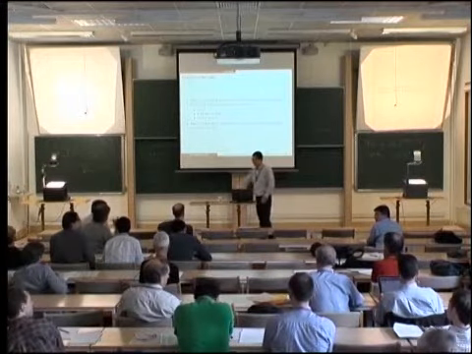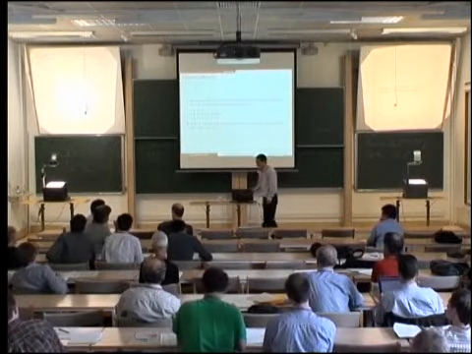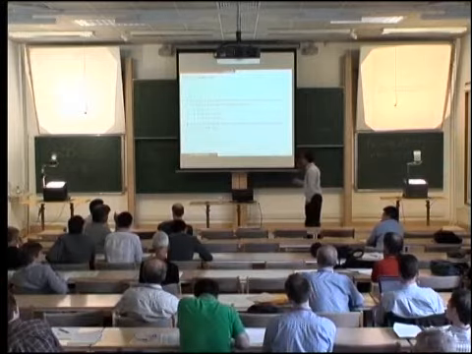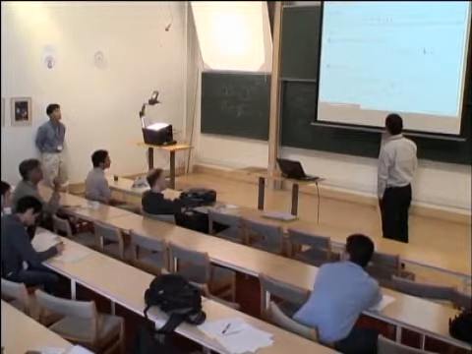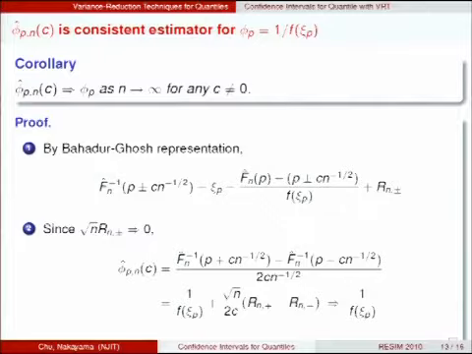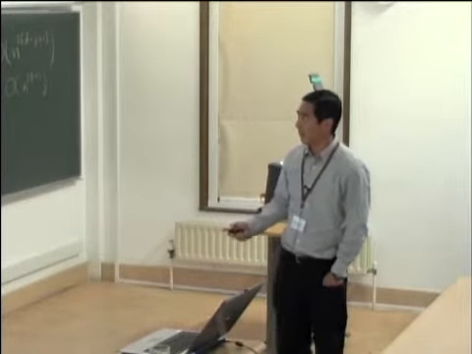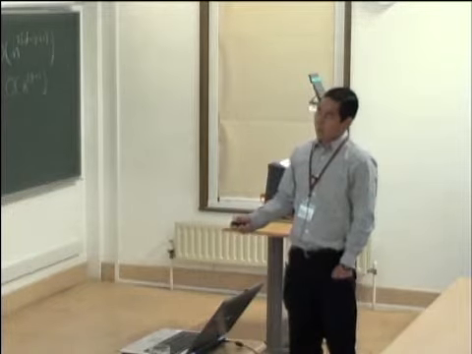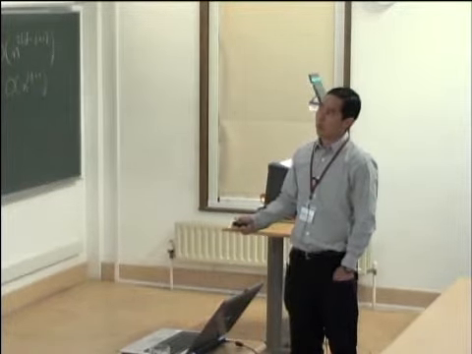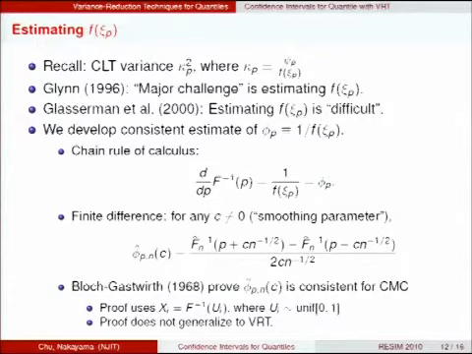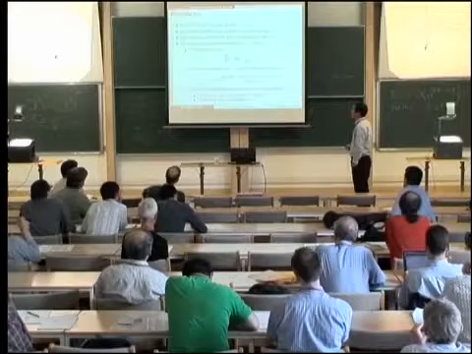Question: In the inverse of density estimation, you have this exponent of n of -1/2. Is that optimal in some sense? Answer: That's a really good question. It turns out that with our Bahadur-Ghosh representation, we were only able to prove consistency for exactly n to the -1/2.